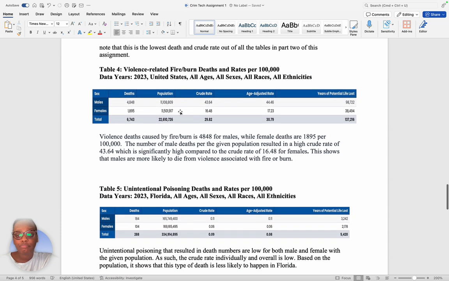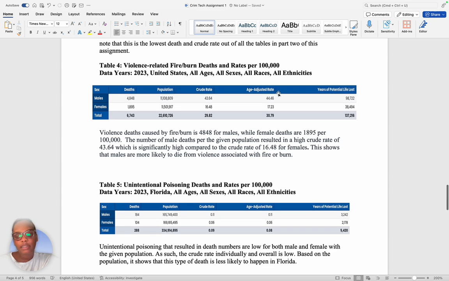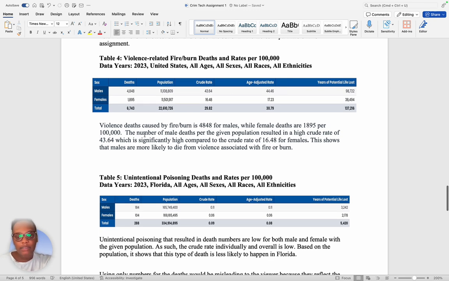Table 4. That is violence related by fire or burn. The year is 2023. Country is United States. All ages, all sexes, all races, all ethnicities. Violence caused by firearm or burn is at 4,848 for males, while female deaths are 1,895.